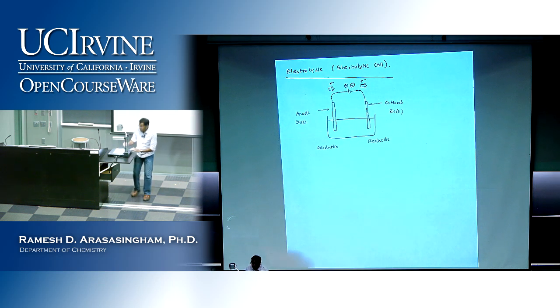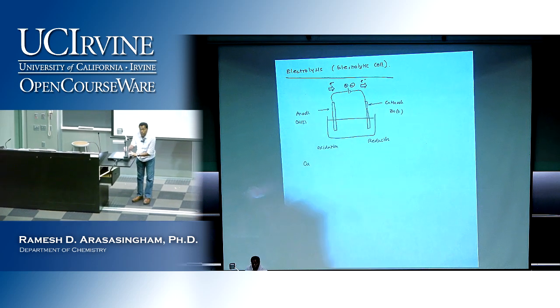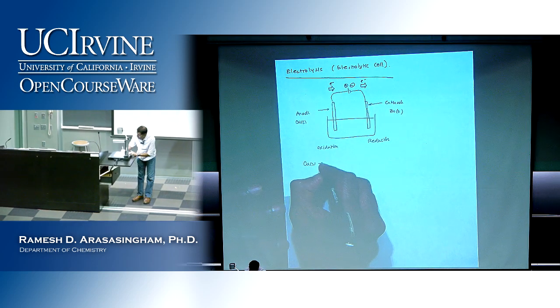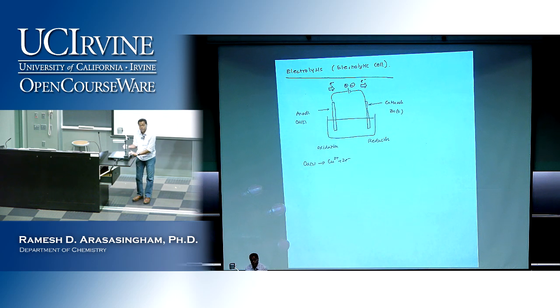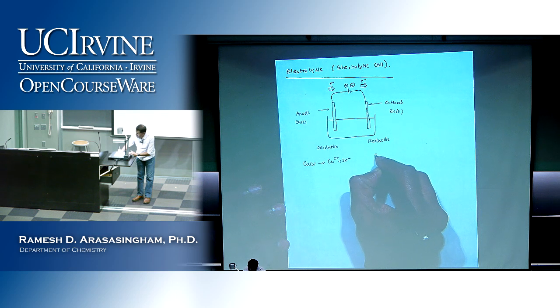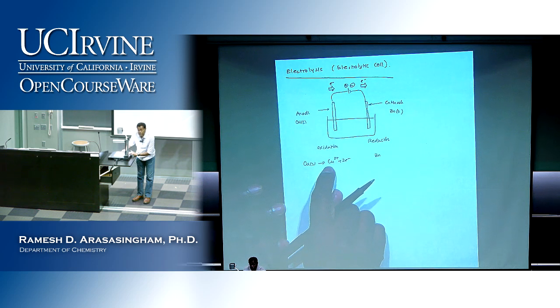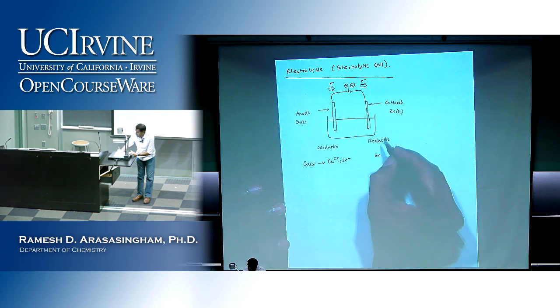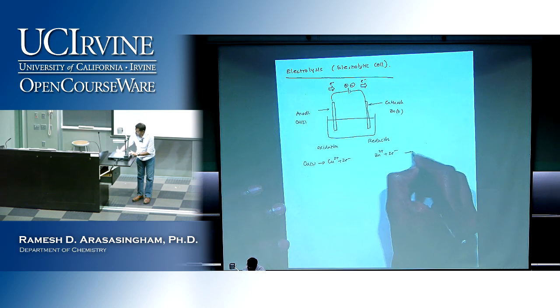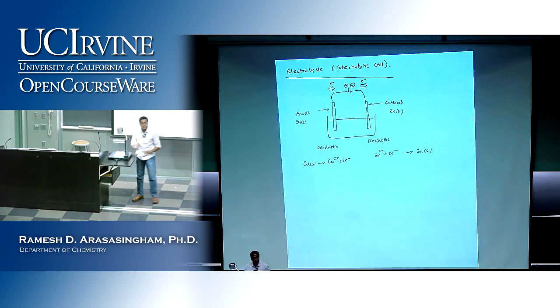And the anode has the oxidation, so copper solid will go to copper 2 plus plus 2 electrons here where the oxidation takes place. On the reduction side, we're going to have now the 2 electrons being picked up because that's where the reduction takes place. So you'll have zinc 2 plus picking up 2 electrons to give you zinc solid. Do you see that?